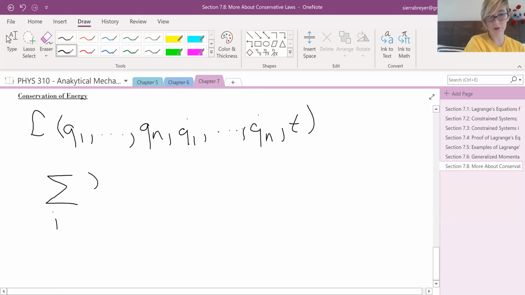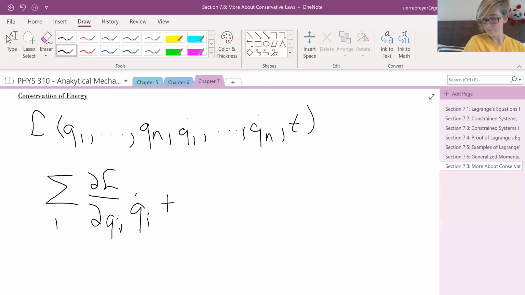So we are using chain rule. So what that really is doing is it's just breaking it apart.